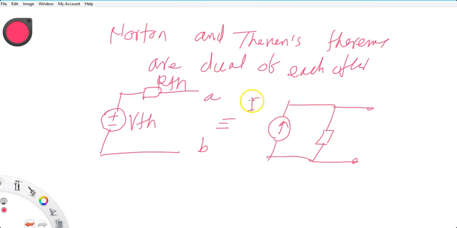So this Norton's current IN will be VTH upon RTH, and RN is equal to RTH. And similarly, if you have been given Norton's values, you can find the Thevenin's values by source transformation. Many times it will be very handy for circuit analysis.